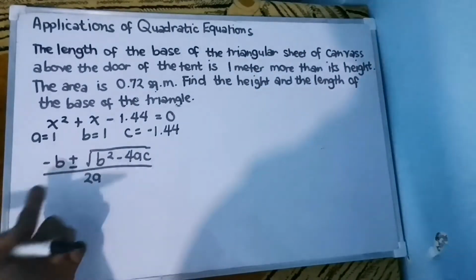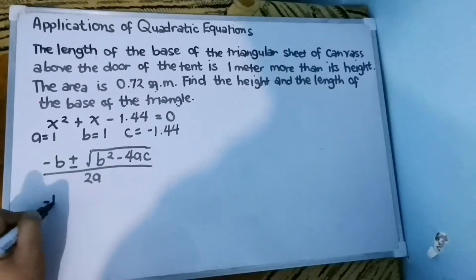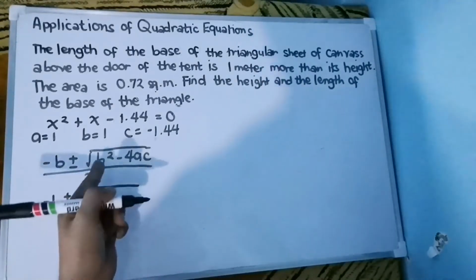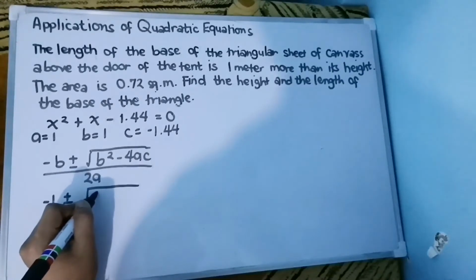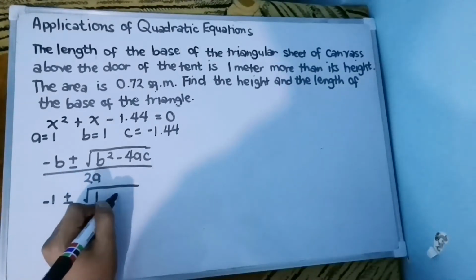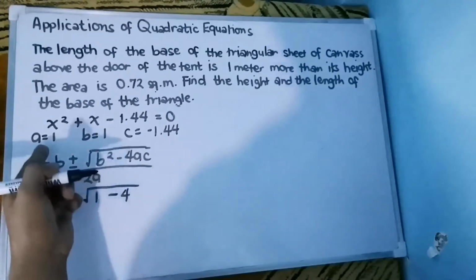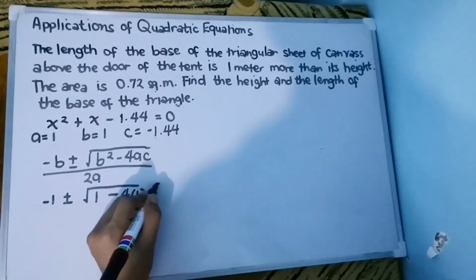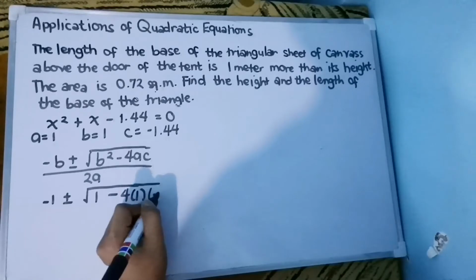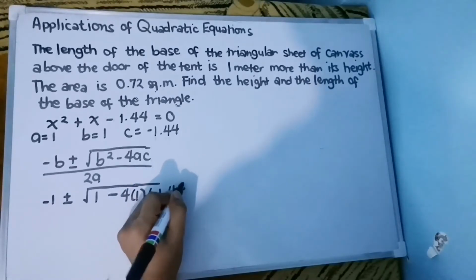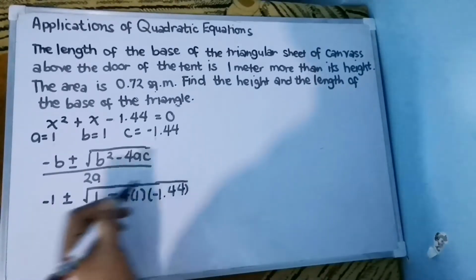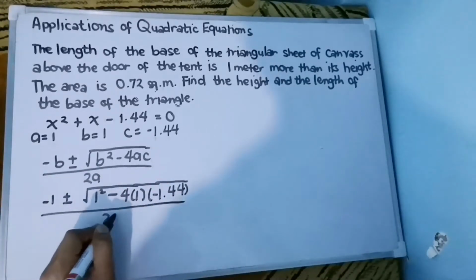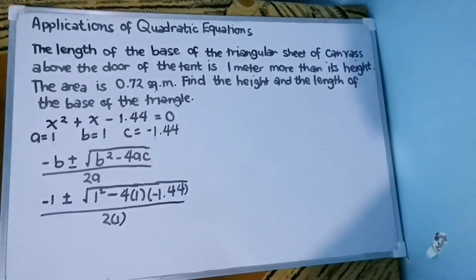So, let us substitute. So, negative 1 plus and minus square root of b squared is 1 squared minus 4 times 1, and then your c is negative 1.44, over 2 times 1.